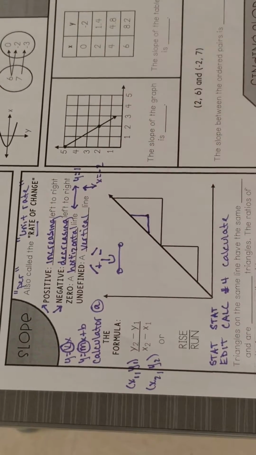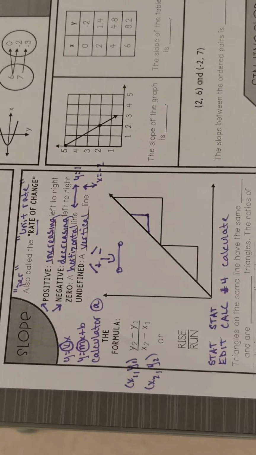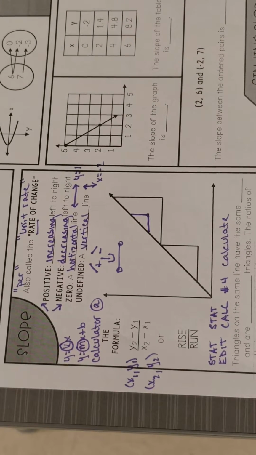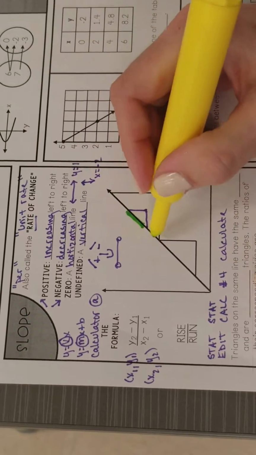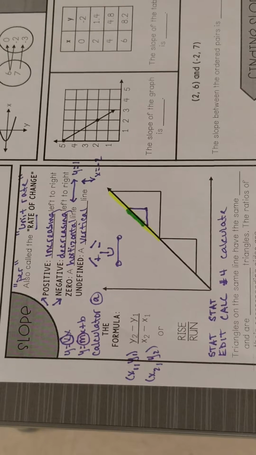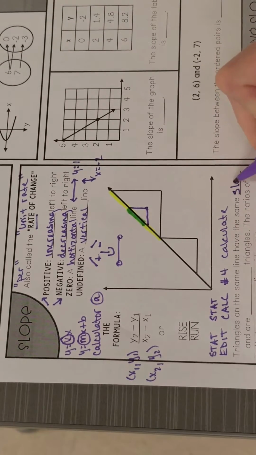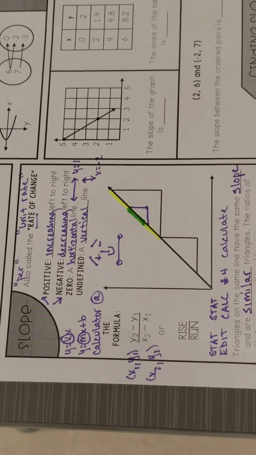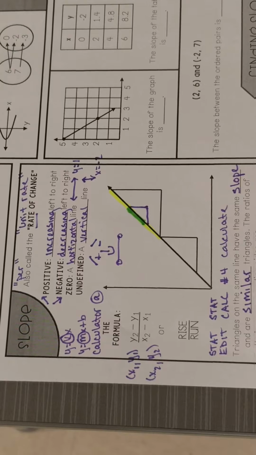This shows that, and let me get a highlighter quick, this is the same as this because they're on the same line, so they have the same slope. And triangles that have the same slope, on the same line, are similar triangles.